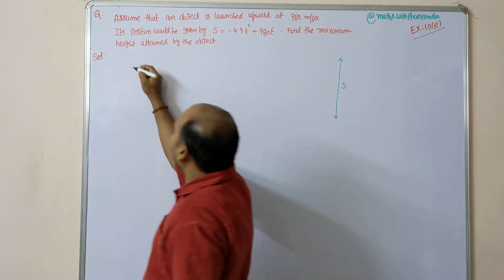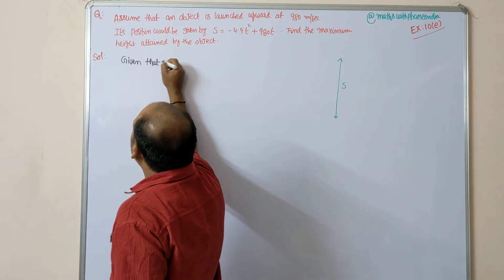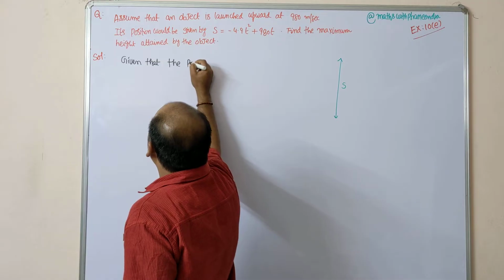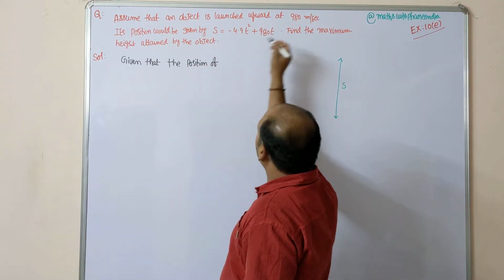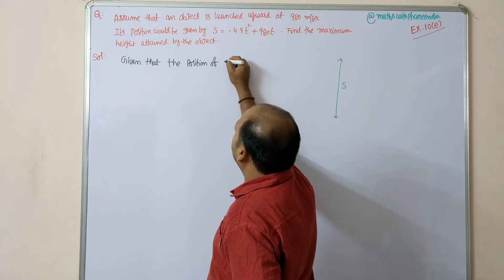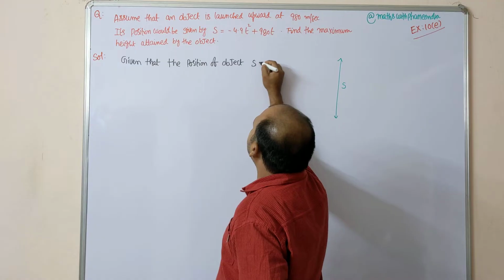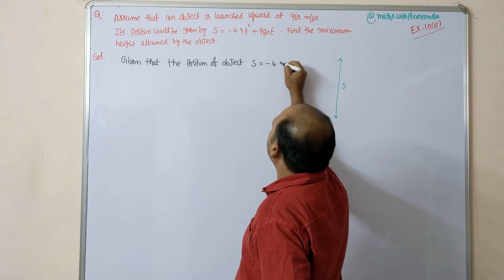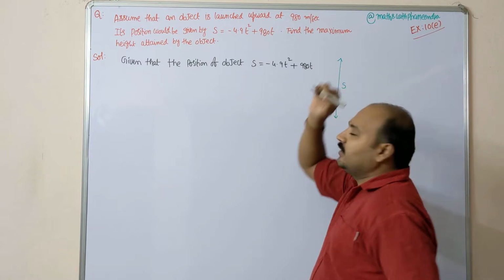So the first step, what we have to write, is given that the position of the object S is equal to minus 4.9 t square plus 980 t.